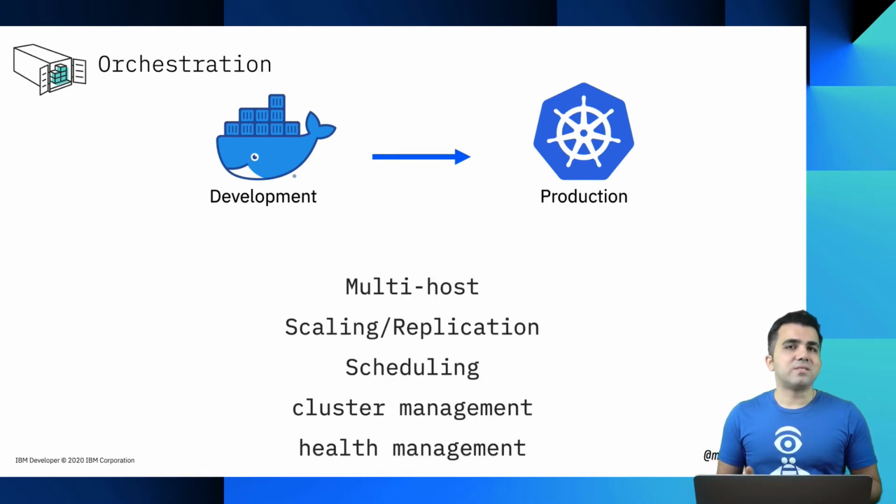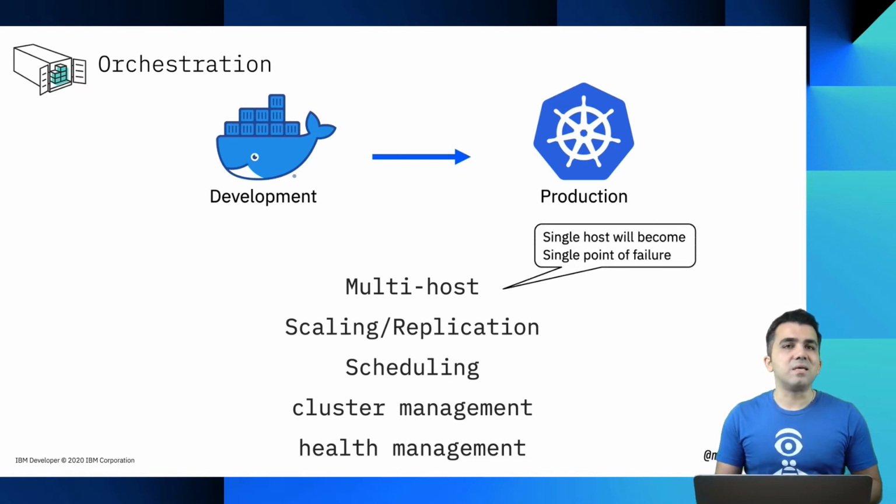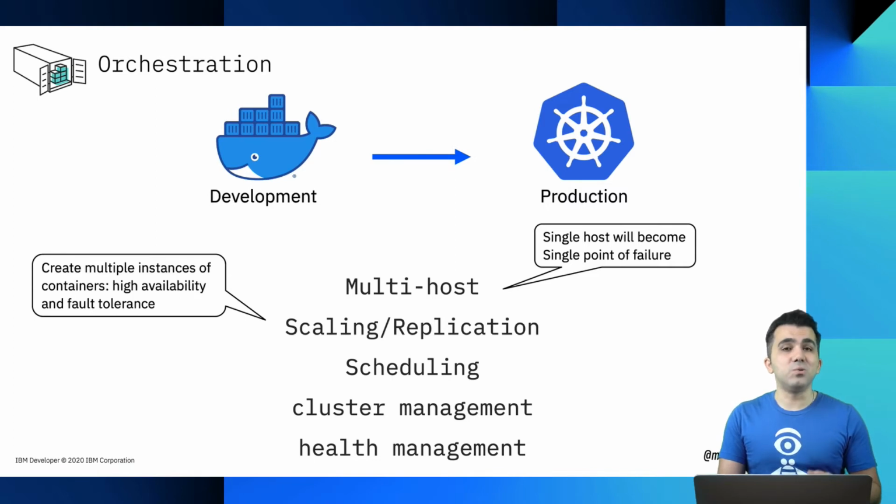A multi-container application must run on a multi-host environment in order to eliminate that single point of failure. If one host went down, our orchestration tool can switch the load to another host. And we need to be able to create new instances of our individual microservices containers to scale accordingly.